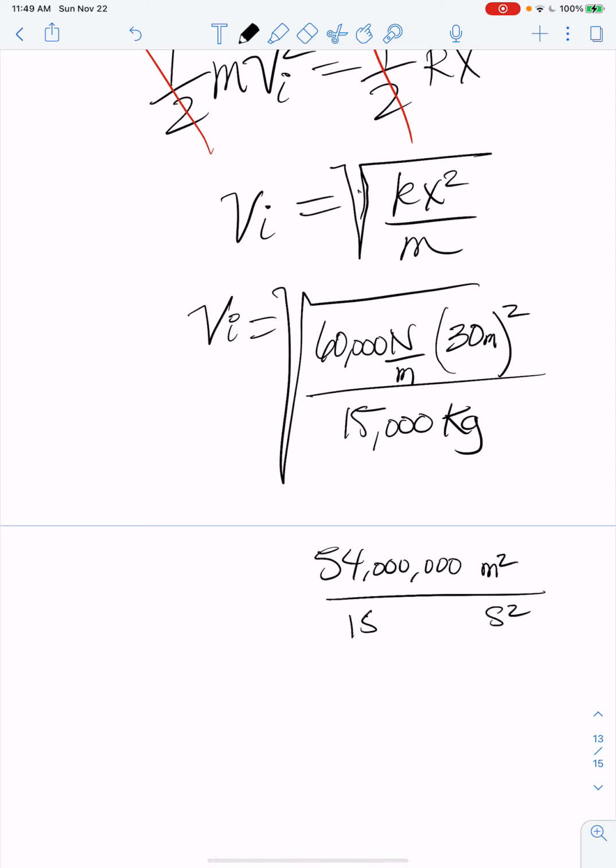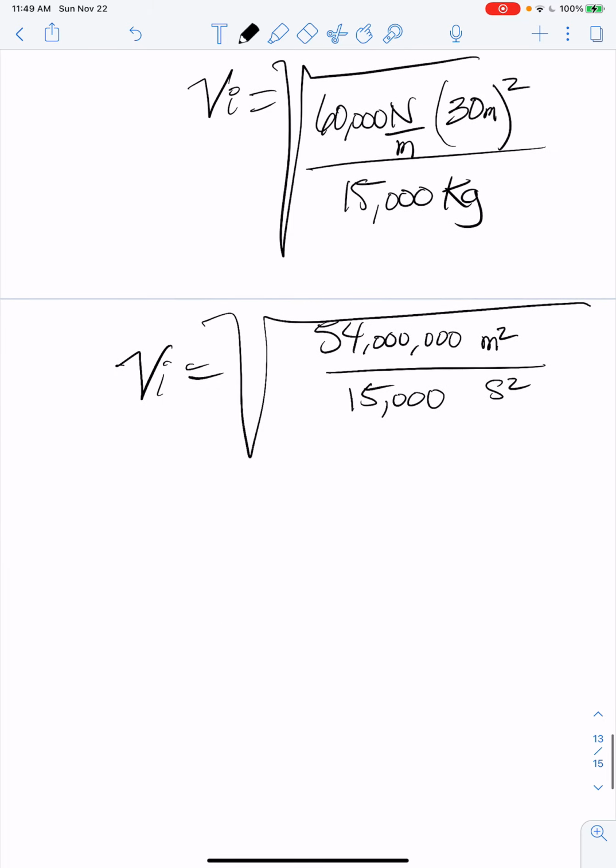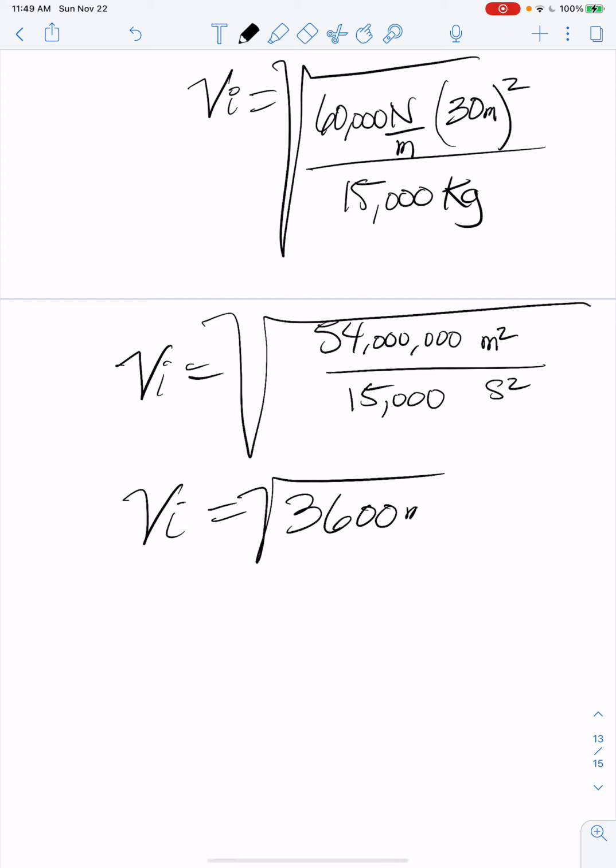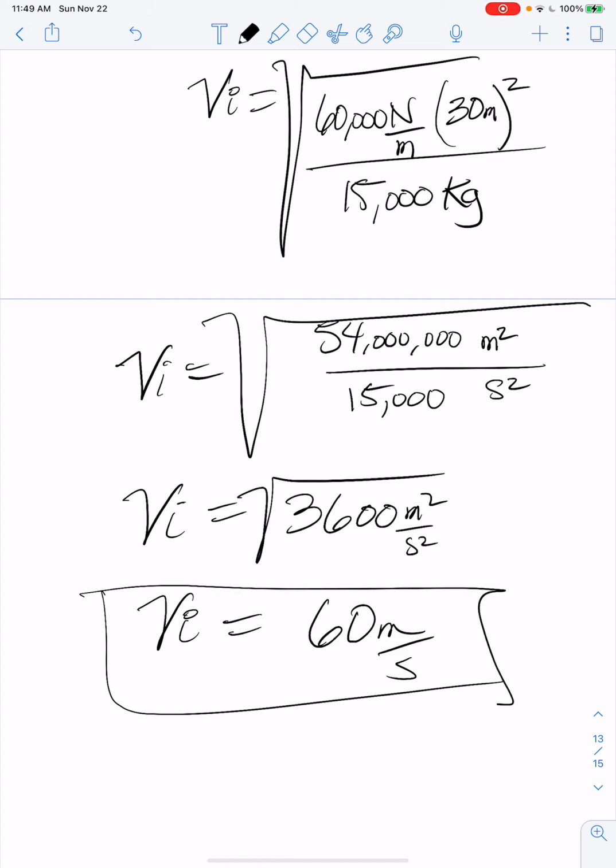And on bottom, we're going to have 15,000. And this is all going to be square rooted. So we can say then divide that by 15,000 equals 3,600. And the square root of 3,600 is just going to be 60, right? 60 times 60, yeah. Okay, so we can say VI is equal to 60 meters per second.